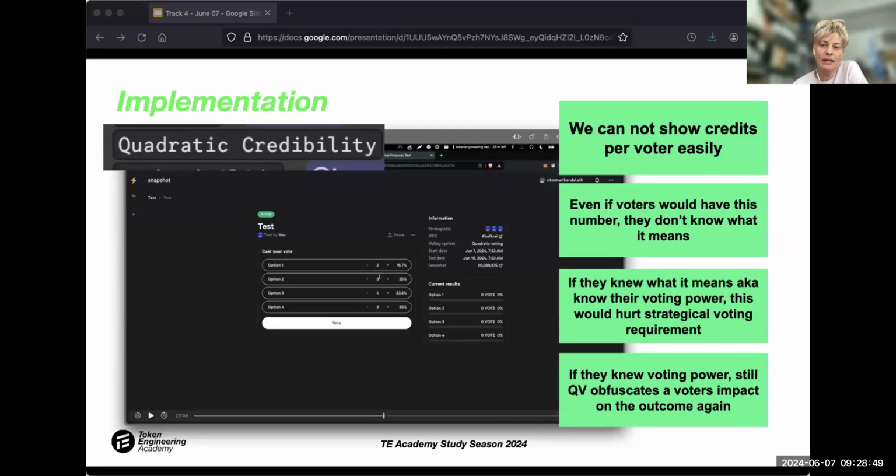So even if we want to make this transparent, the voters' impact on the outcome would, due to quadratic voting, again not be clear because of the voting mechanism. I hope I summed it up. Can you follow, everyone? Can't see the chat at the moment. Thumbs up. Okay, good, thanks.